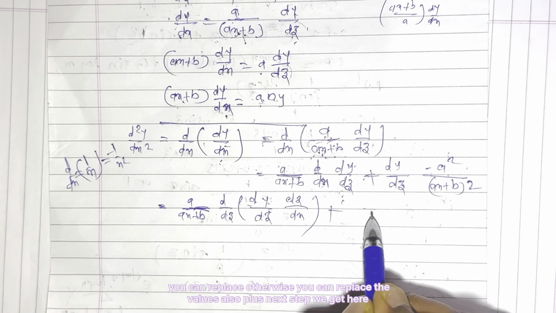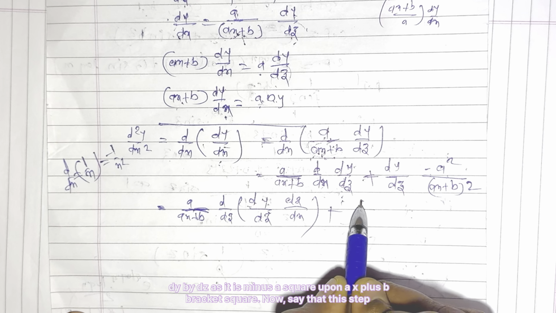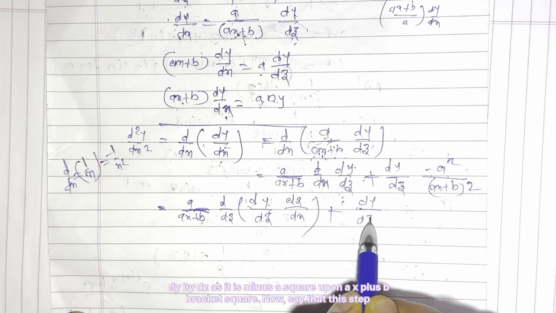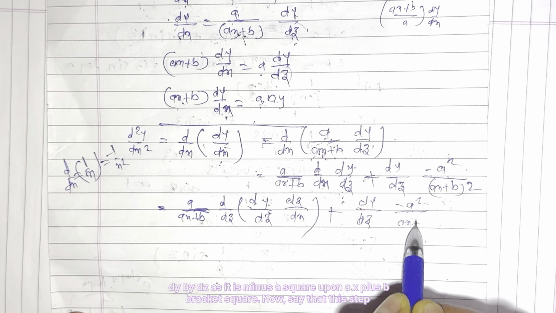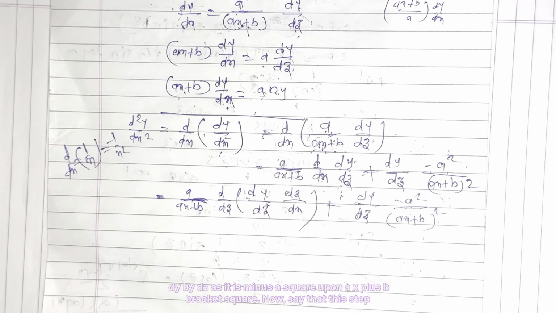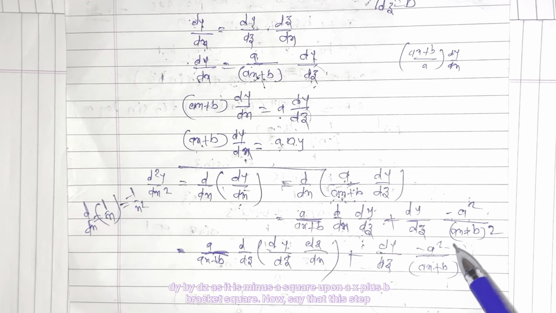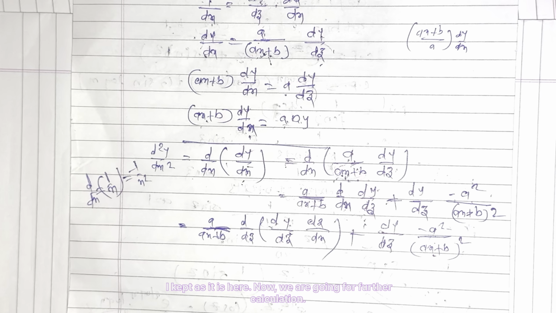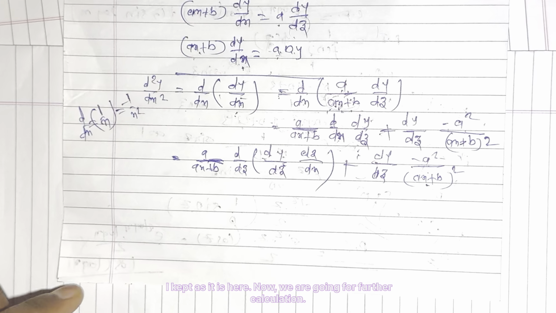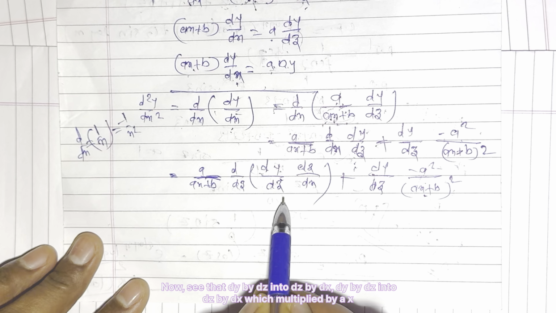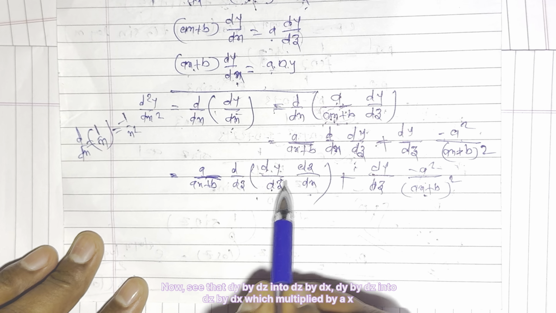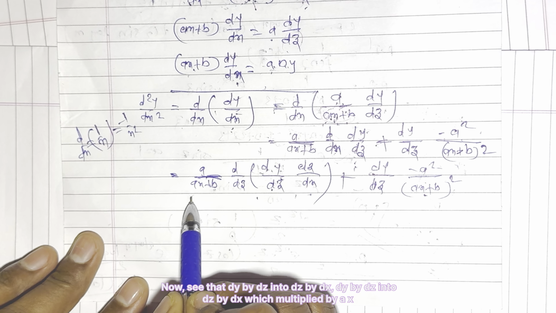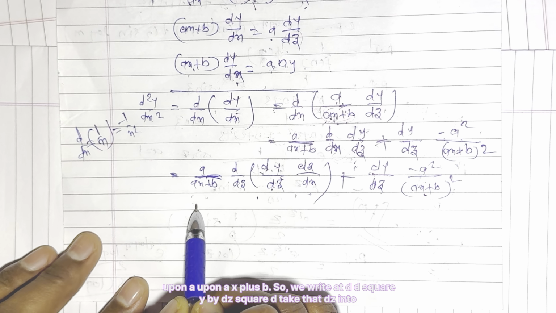Plus, in the next step we get dy by dz as it is, times minus a square upon ax plus b bracket square. I kept this step as it is here. Now we go for further calculation. dy by dz into dz by dx, multiplied by a upon ax plus b.